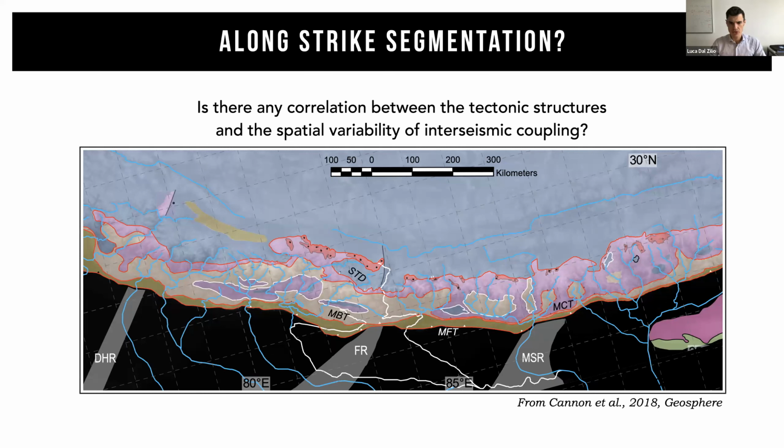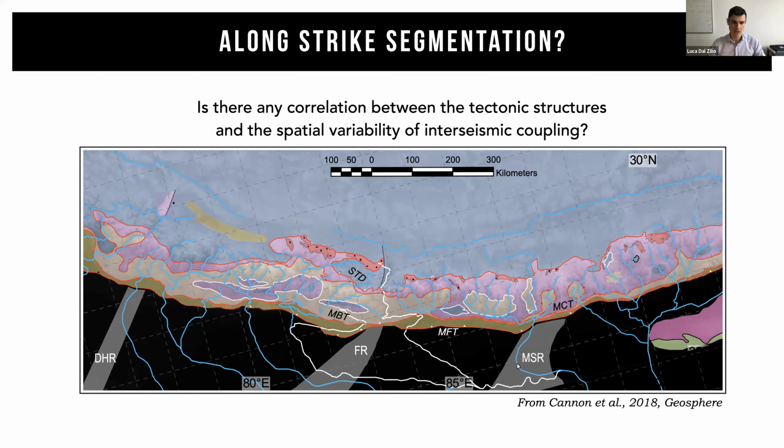What we found very interesting is that these low coupling regions do not coincide with any specific structure within the orogenic wedge, but instead they seem to correlate with some of the features that we can observe in the India plate. These gray regions that you can see here are what we call ancient ridges.